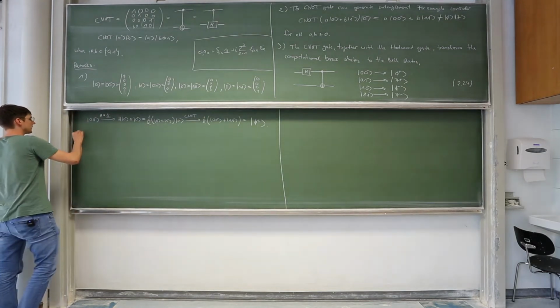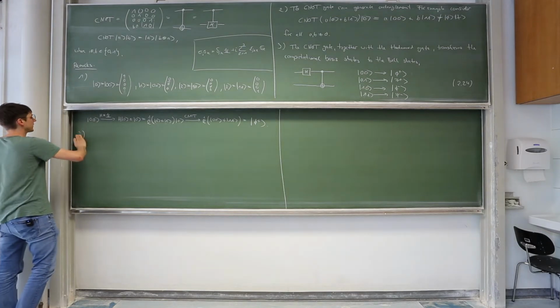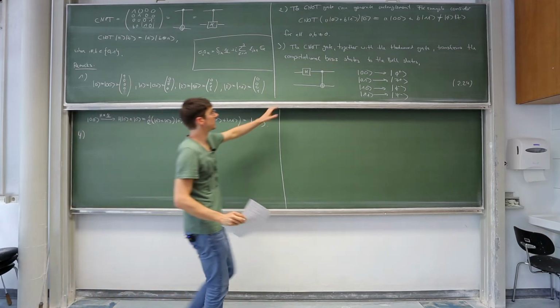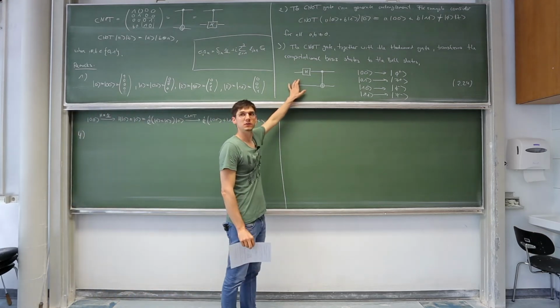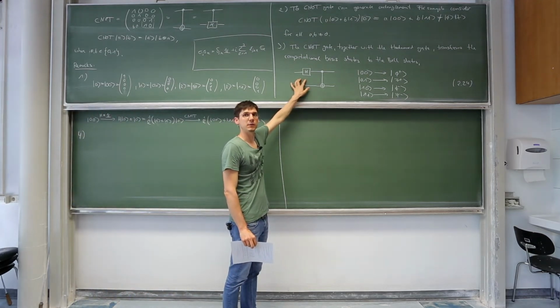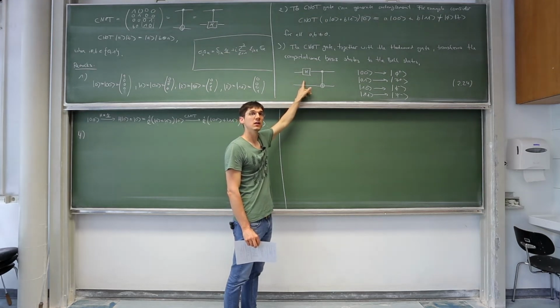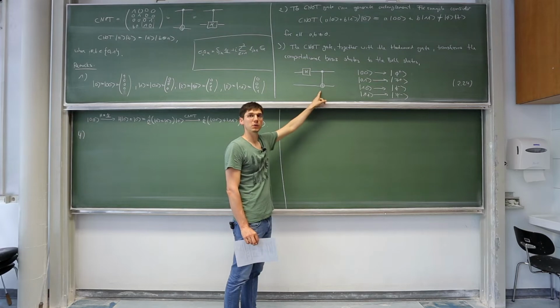Now we can look at the circuit from the other direction. So first, let us recall that the Hadamard gate is self-inverse, meaning that H squared is the identity. And the same applies for the CNOT-gate. So if I apply twice the CNOT-gate, I have the identity.